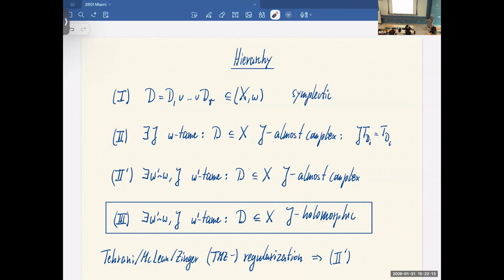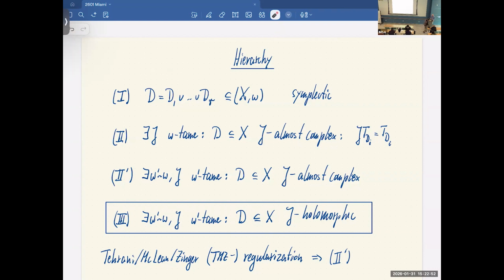What Tehrani, McLean, Zinger did is they provided a regularization, which will be featured in our proof. So again, there will be a symplectically isotopic omega prime, and then there is such a J such that D is J almost complex. That is enough if you want to cook up a theory of symplectic log Gromov-Witten invariants, as Tehrani has done and Eleny Ionel has also done.